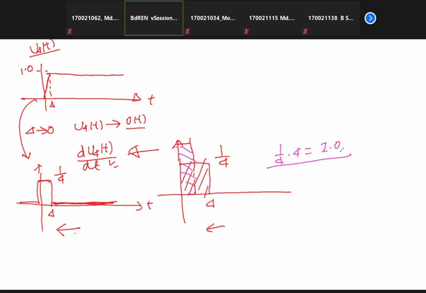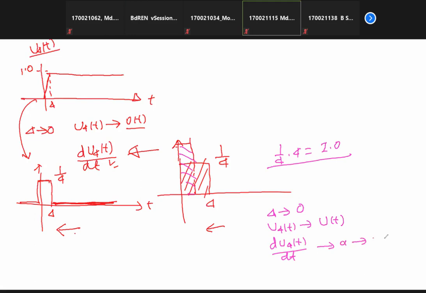And in this case, you consider where your delta is tending to 0, your u delta t is nearly approaching your u t, then the derivative of u delta t, delta delta t, is reaching towards infinity, becoming the function delta t.